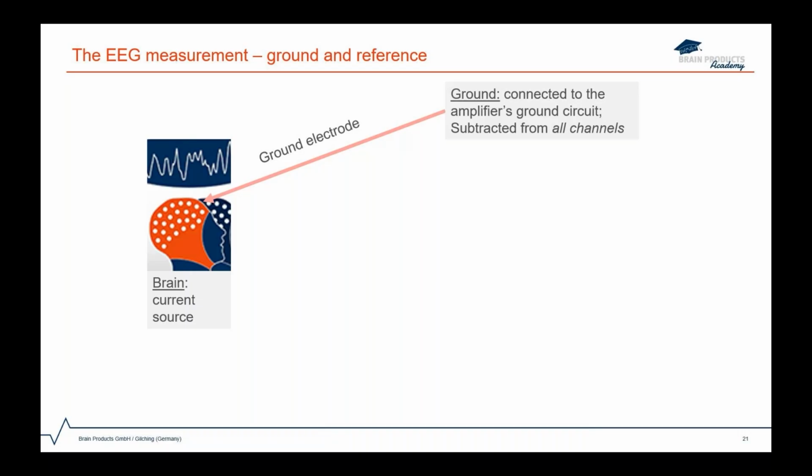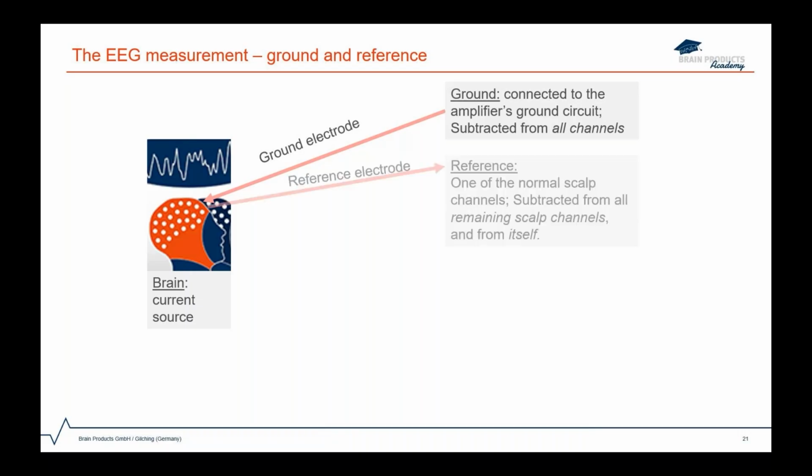So to reduce this noise, what is done during the recording is to have a reference electrode, for which we take one normal scalp channel. Once it's already referenced to the ground, we will subtract this electrode again from all other electrodes.